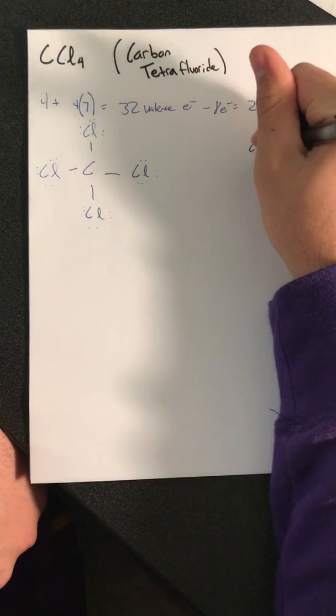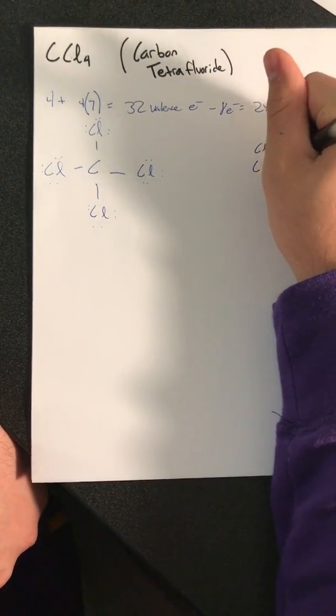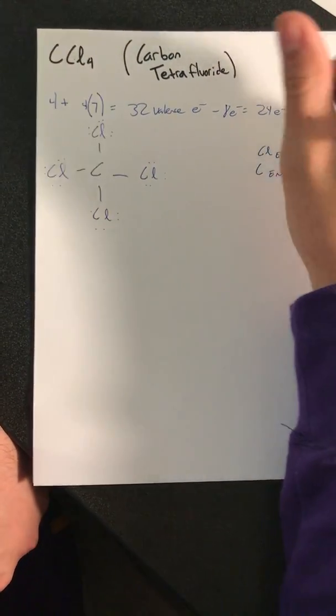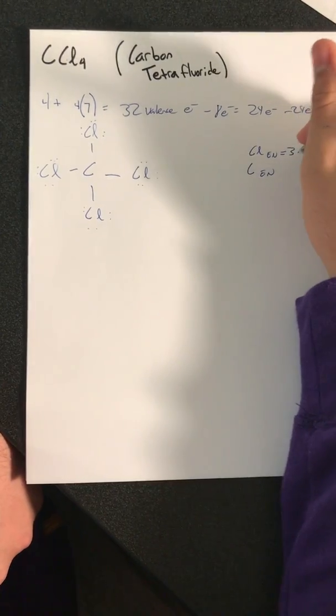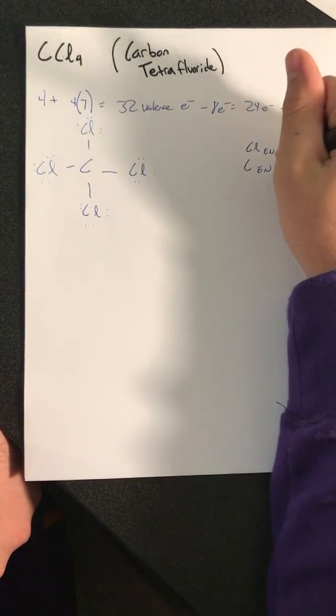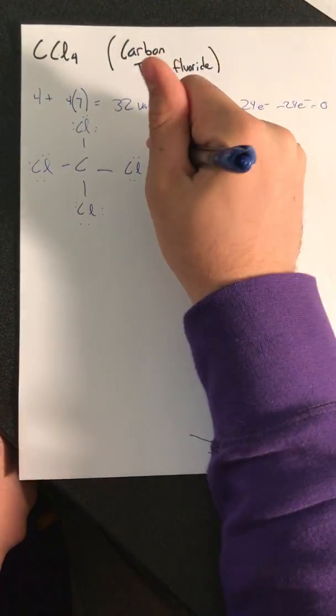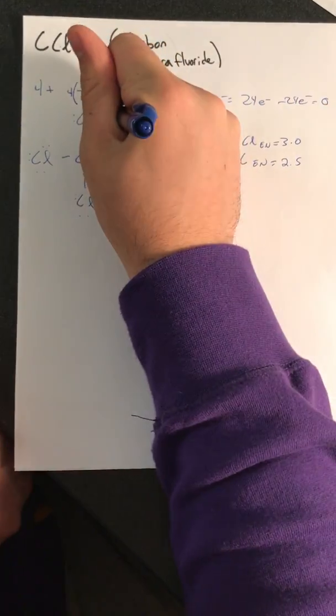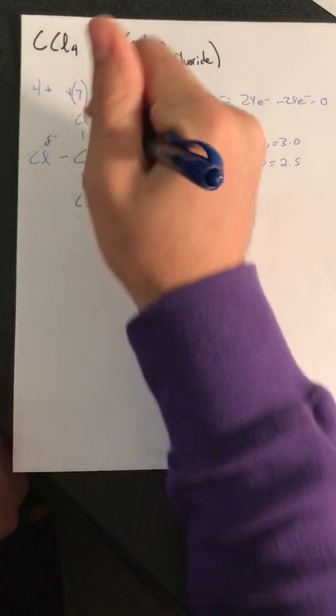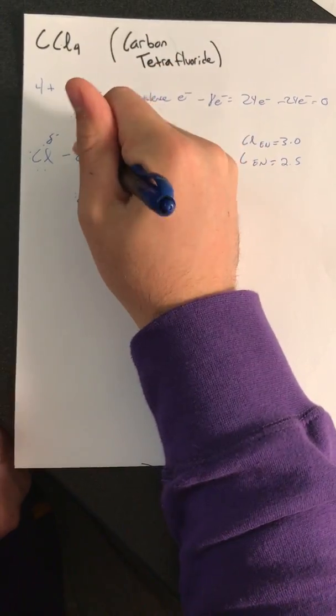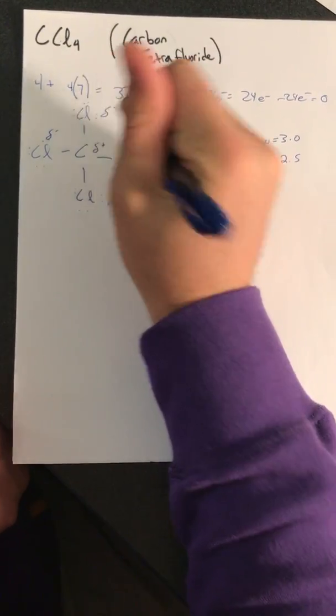So now we want to see which atoms are more electronegative. So we know that the halogen has an electronegativity of 3, whereas carbon has an electronegativity of 2.5, meaning all the halogen atoms are going to have a partial negative charge, and carbon is going to have the partial positive charge.